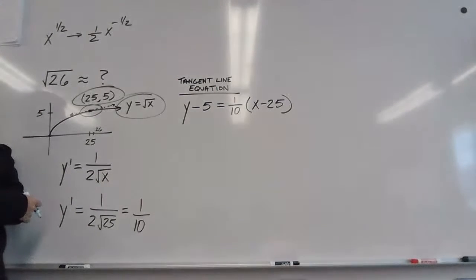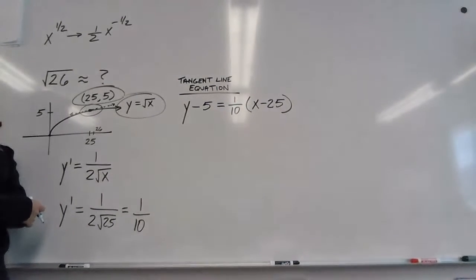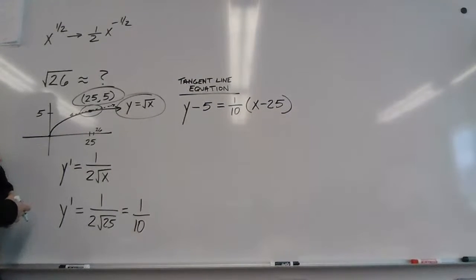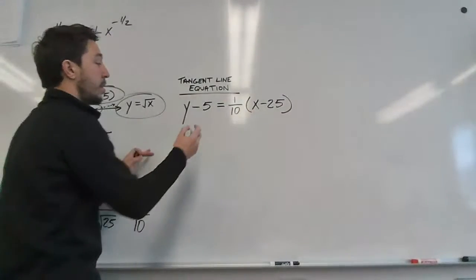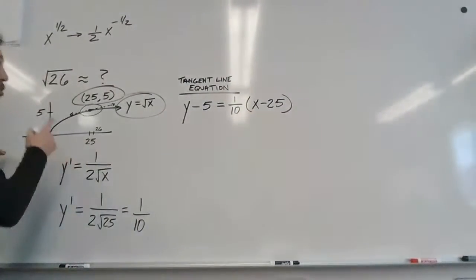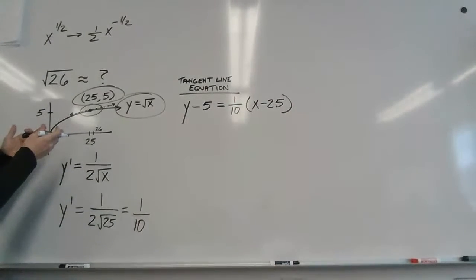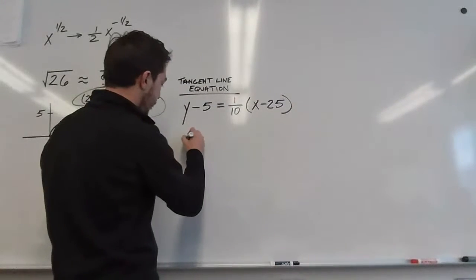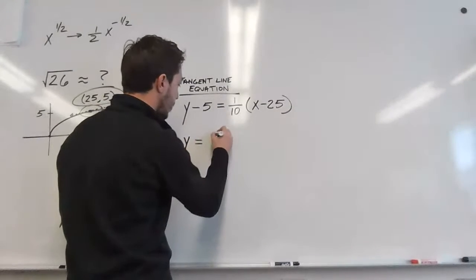Does everyone feel good about that? Understand? No? Okay, so what's the final step to this? We're going to plug in 26 into this. 26 or root 26? 26, because, so here, let me rewrite this.